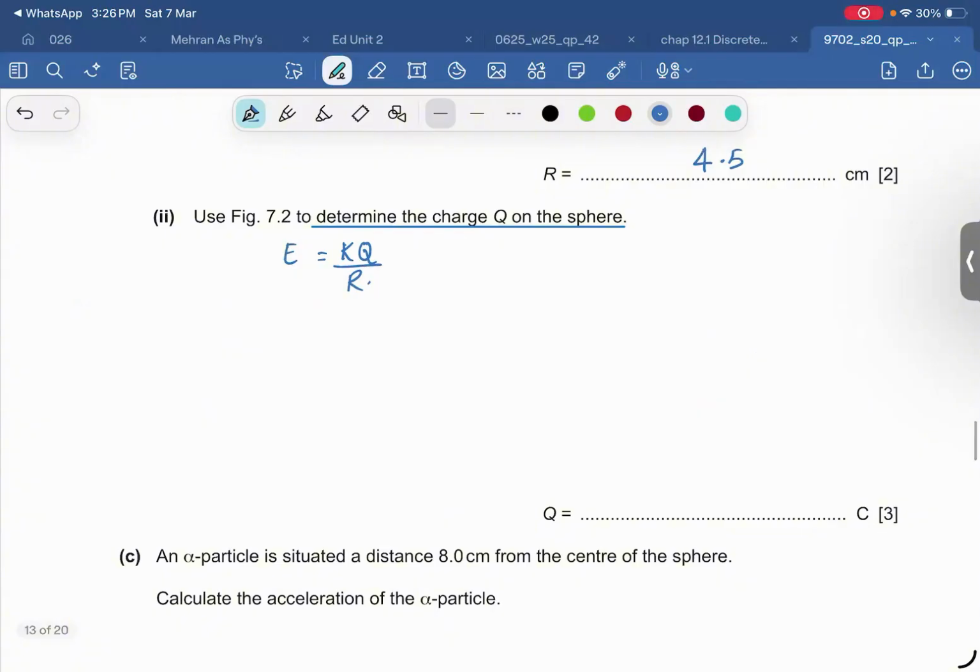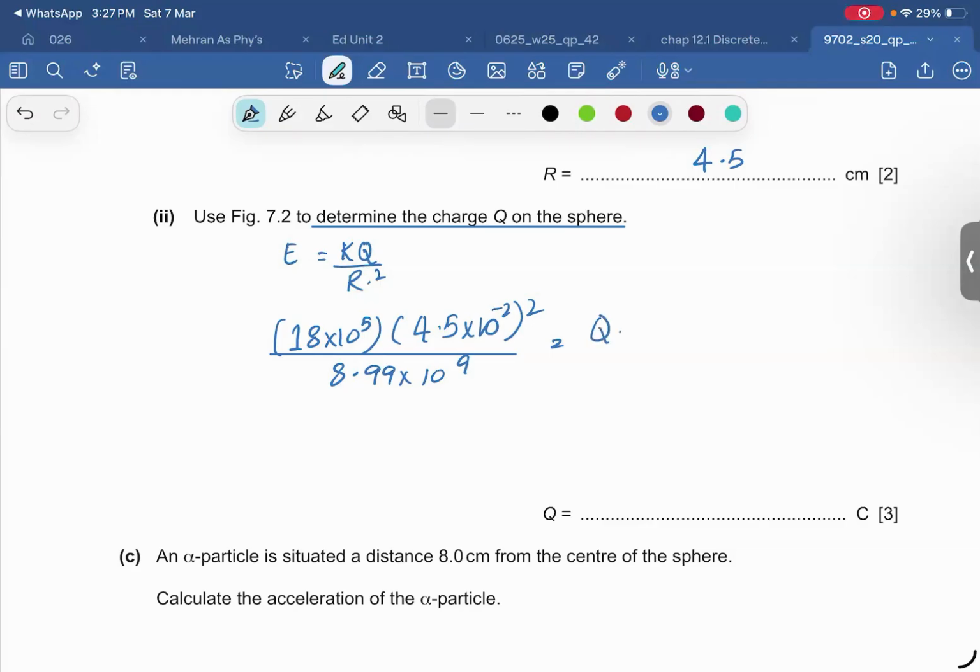So the electric field is 1.8 times 10 to the power 5, and the radius is 4.5 times 10 to the power negative 2, whole squared, divided by k, which is 8.99 times 10 to the power 9. This is a constant value, by the way. And we have Q. How much is the Q?